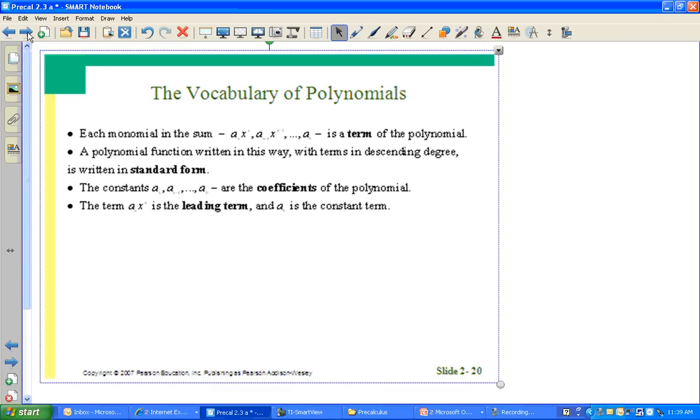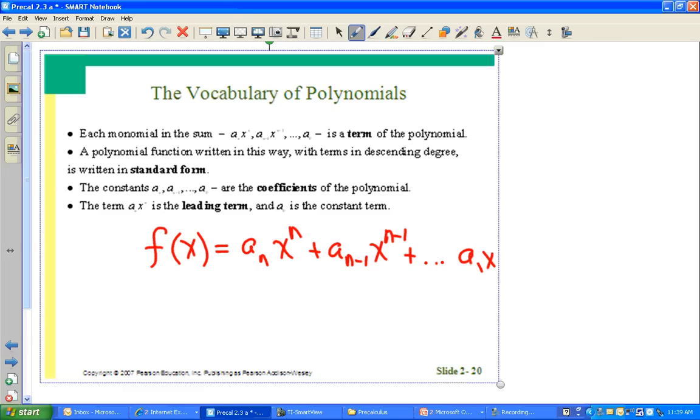So first, some vocabulary. If you've got a polynomial, and we're back to the original definition of polynomial, all of these exponents have to be positive integers. It's basically going to be of the format of some coefficient times a variable raised to some power. But in this case, because it's a polynomial, it could have several monomials in a row, and we designate those with the coefficients a sub n minus 1, all raised to various powers, and this can continue on until you eventually get to a sub 1 times x, and then maybe a constant at the end.